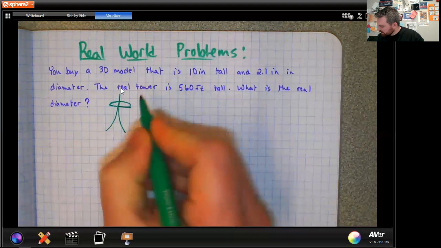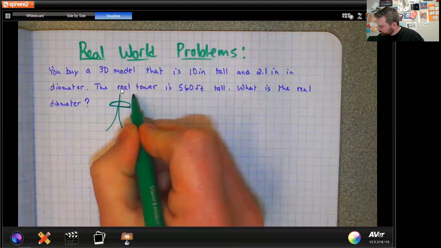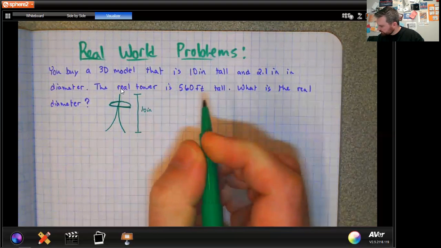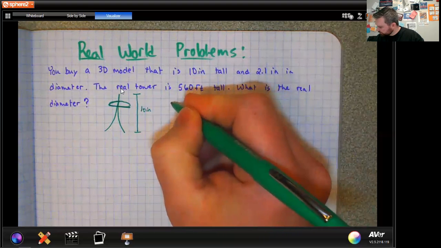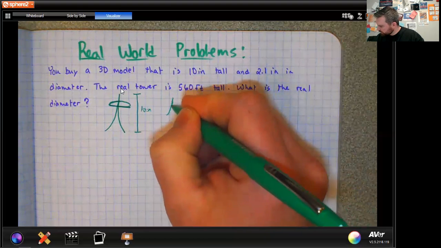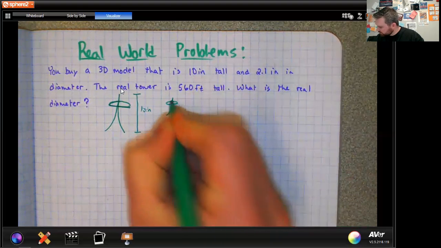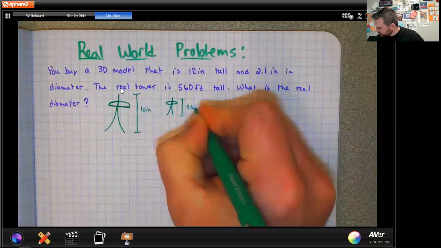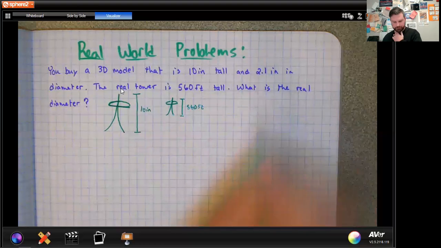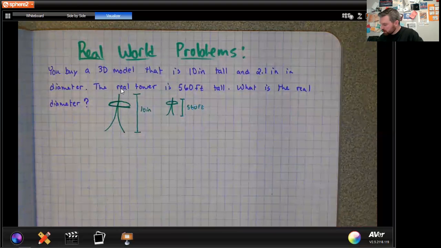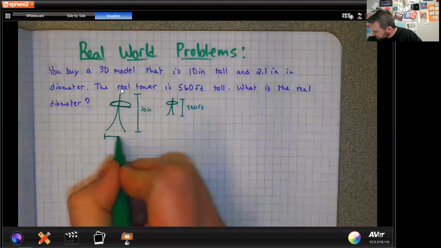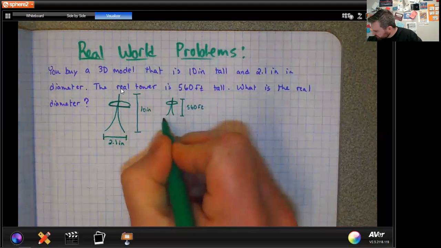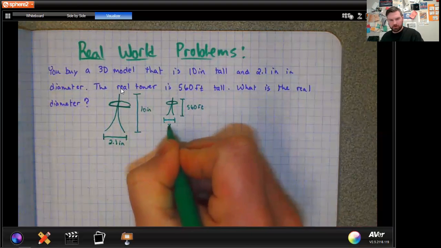Your model is 10 inches tall, but the real one, I'm going to do this backwards, but that's okay, is 560 feet tall. Yours has a diameter of 2.1 inches, and we want to know the diameter of the real one, so we'll put an X there.